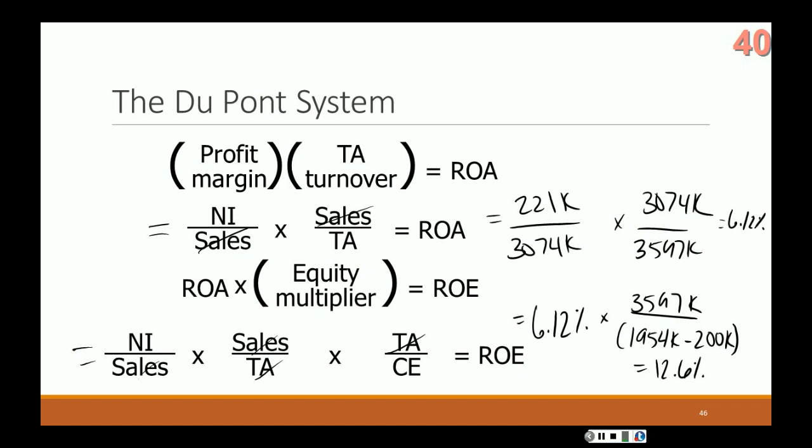So they made 7.2 cents on every dollar of sales, and assets were turned over 0.85 times during the year, so that makes ROA 6.12%. Firms that have a lot of leverage have a higher equity multiplier because assets are financed with a relatively smaller amount of equity. So if we take our ROA, the 6.12%, and multiply that by our equity multiplier, then we have ROE of 12.6%.